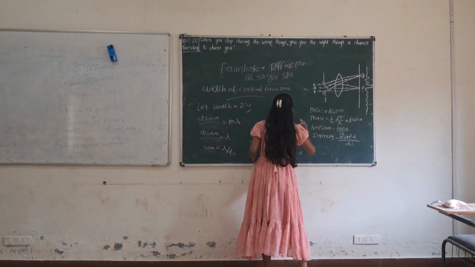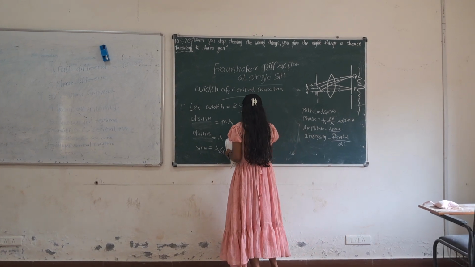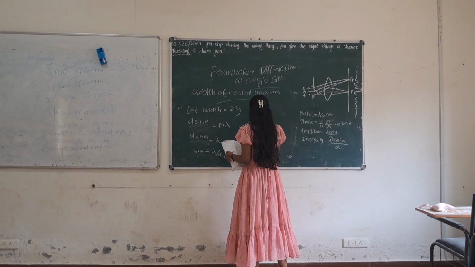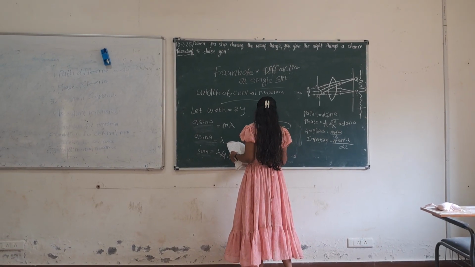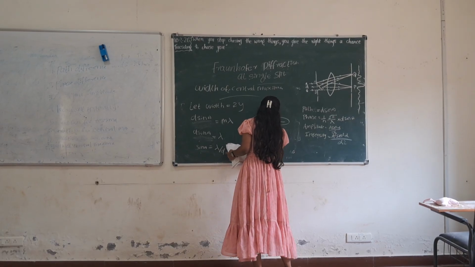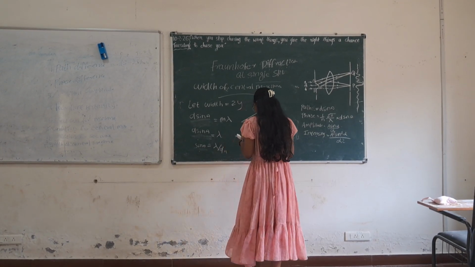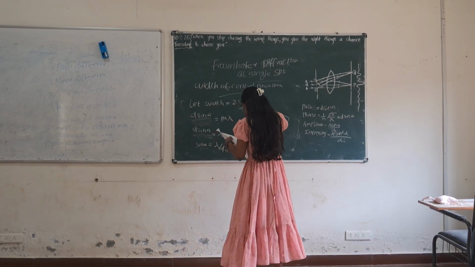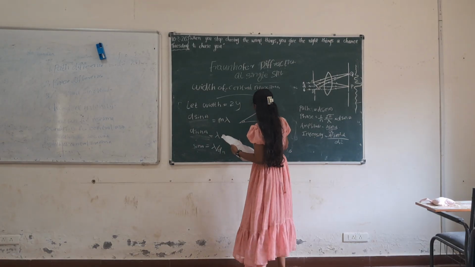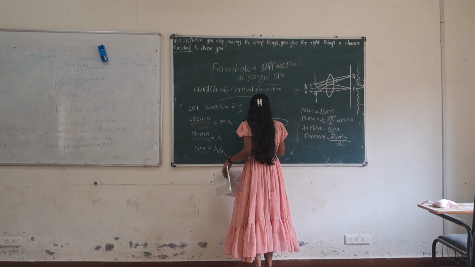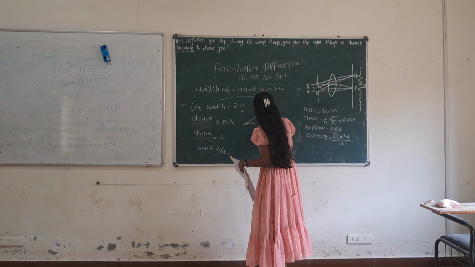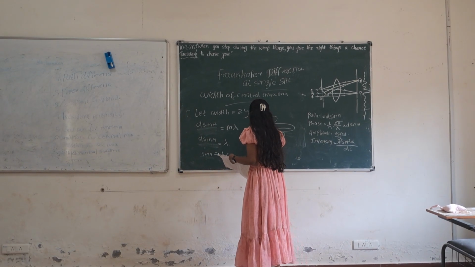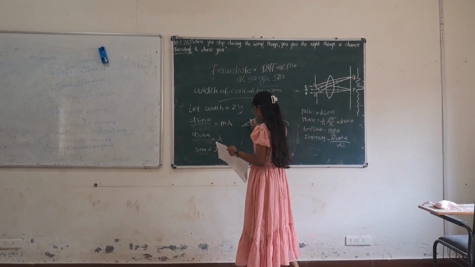There is a figure. This is the y distance between two maxima, and we are taking this as f because this is the focal length, and theta.